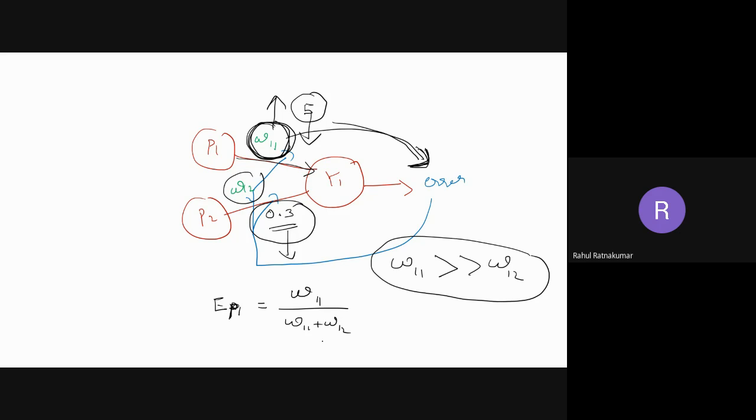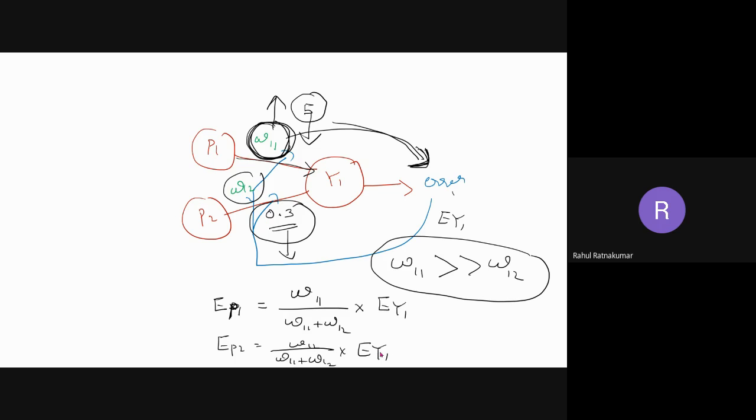It is the ratio of the weight of the present neuron to the total sum of the weights into the error on Y1, EY1. And similarly, what is the error on P2? That is W12 divided by W11 plus W12, into the error on Y1. So this is one logic.